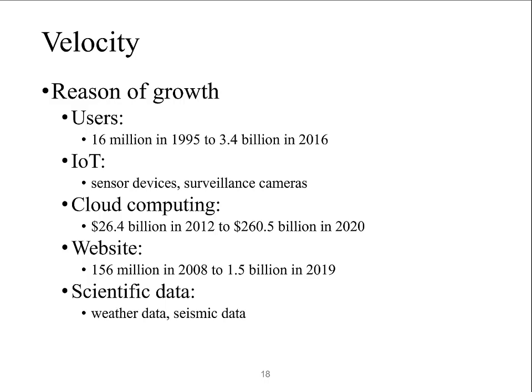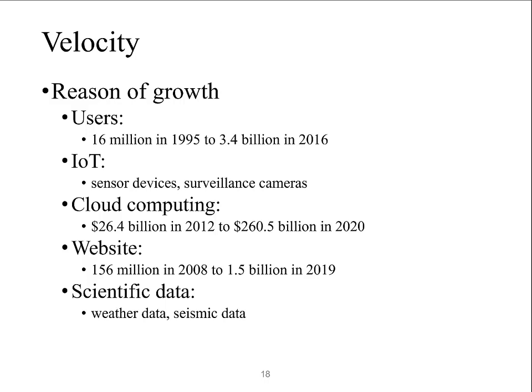Okay, and the Internet of Things. The Internet of Things refers to the billions of physical devices around the world that are connected to the internet, such as sensor devices and surveillance cameras. These devices keep sending and receiving data. So the Internet of Things generates a large amount of data every second.